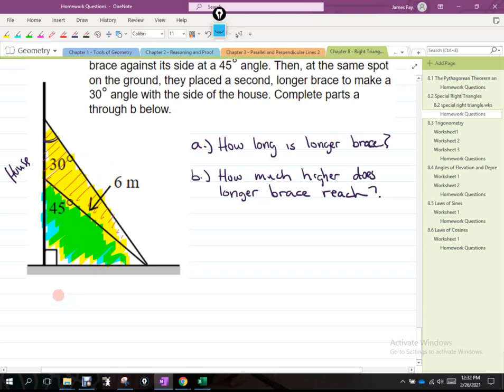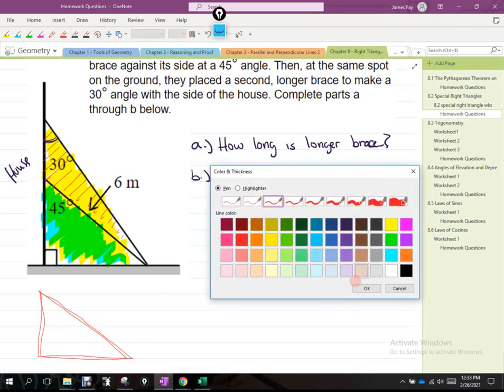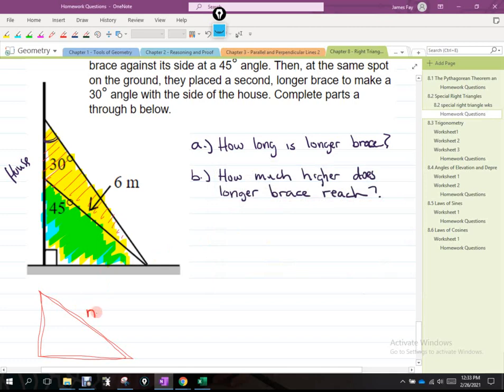What kind of triangle is that green triangle? 45, 45, 90. So if it's a 45, 45, 90, the n radical 2 side is the hypotenuse, and this is n, and this is n, right? If I put those on top of this green one, what equation do you generate that's going to allow you to solve for n? Okay, so for mine it's 6.